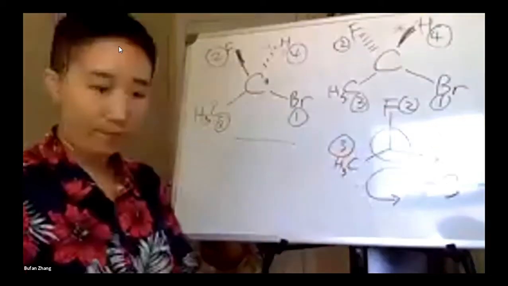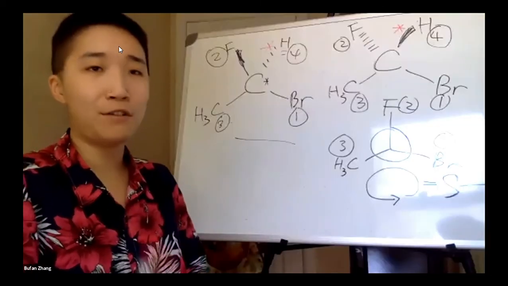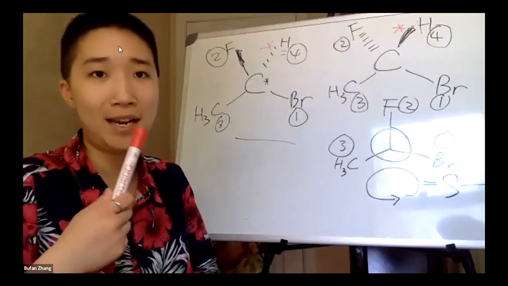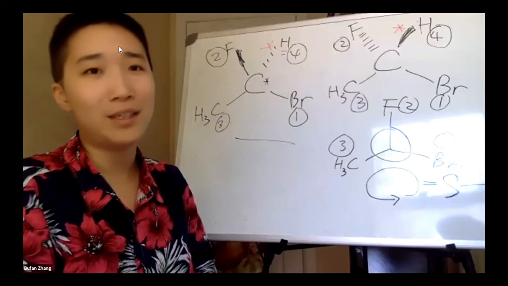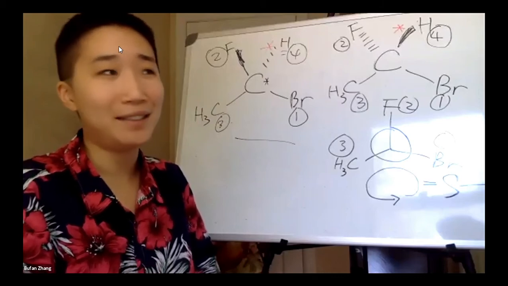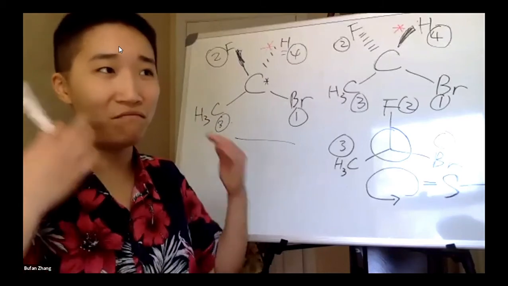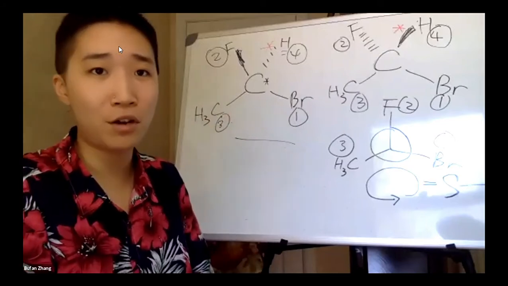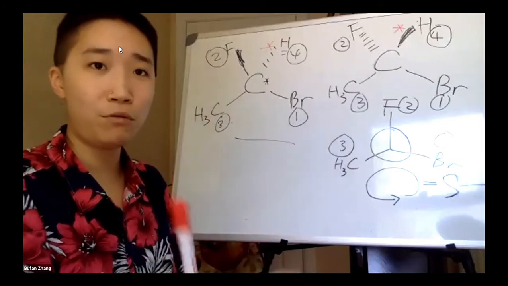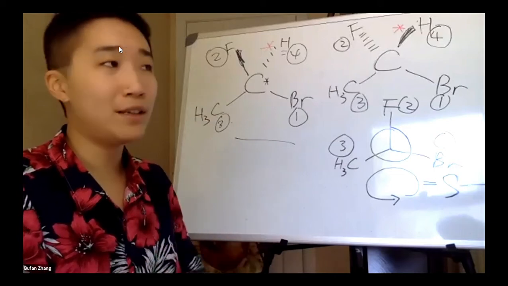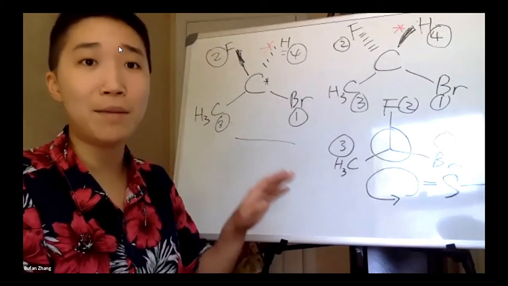Now we know if we were to actually follow step 3 and rotate it in our head, it would have to be rotated 180 degrees. But I don't want to do that in my head. I'm bad at 3D visualization. So I'm just going to introduce this little trick: you do the problem as if the hydrogen is in the back.